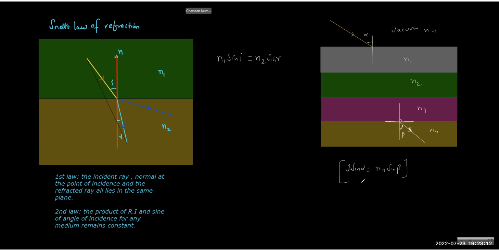As long as these are parallel, you can just write like this. And it's not difficult, because these are parallel. So the angle of refraction of any boundary will be the angle of incidence for the next boundary. That is the reason. If you draw a line like this, you can see clearly that r of the first is i of the second, and it will continue in this fashion.